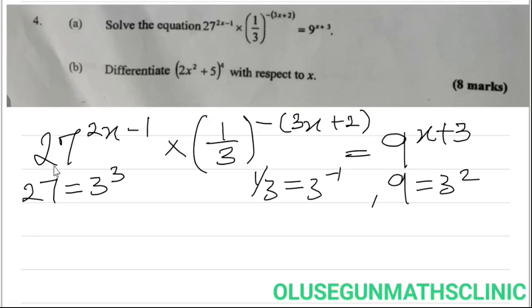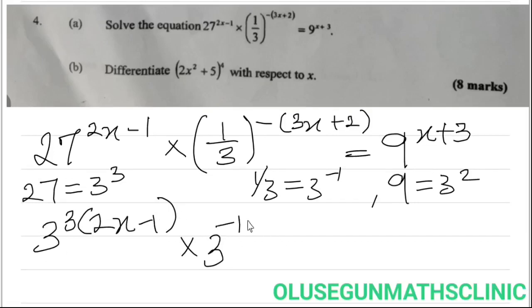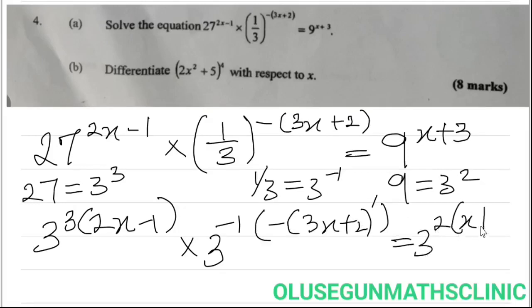Instead of writing 27, you write 3 raised to power 3, bracket open, 2x minus 1, times 3 raised to power minus 1, all raised to power 3x plus 2, bracket close, is equal to 3 squared raised to power x plus 3.